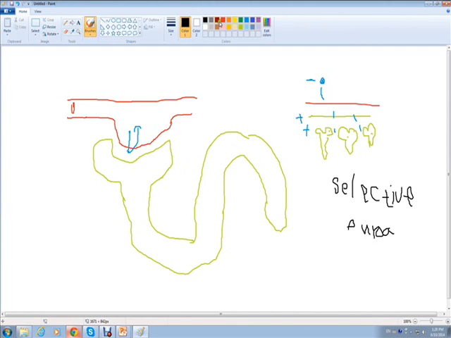So the next problem that can occur is if we have a more severe injury to the glomerulus, which will now start to disturb the structure of the glomerulus.